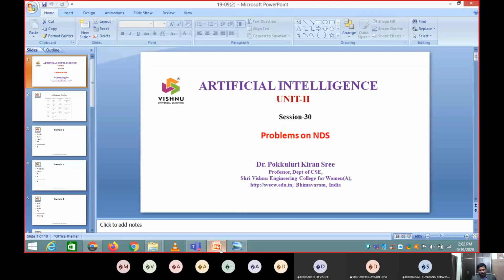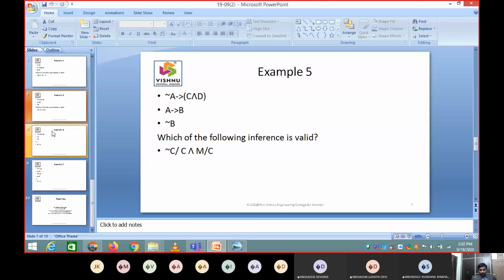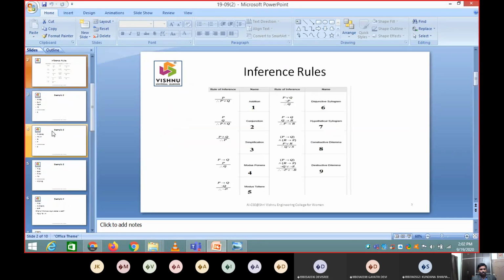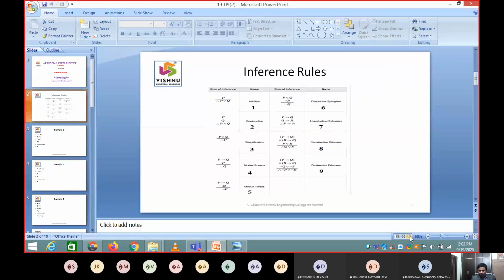We'll see what exactly these rules are, and we'll solve some problems. I have 5 to 6, 7 problems. We'll solve and just close because it is just a revision session that was instructed by the HOD.